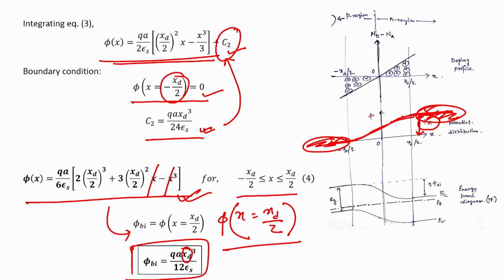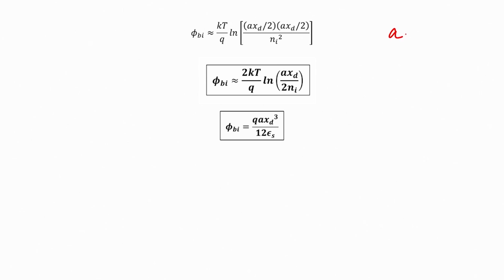So now the only thing remaining is to find the depletion width. At x equal to minus xd by 2 and at x equal to xd by 2, by magnitude the doping concentration will be equal, and that doping concentration is given by A into xd by 2, because Nd minus Na is equal to Ax.